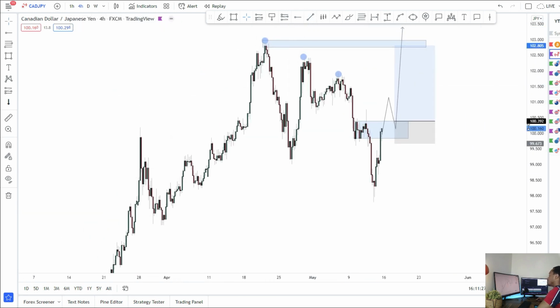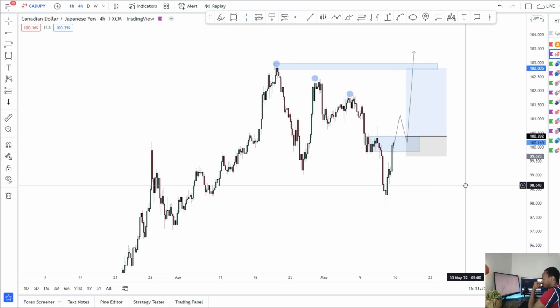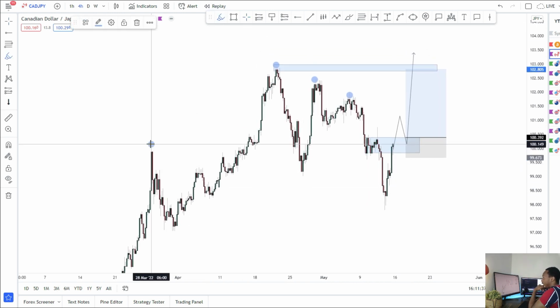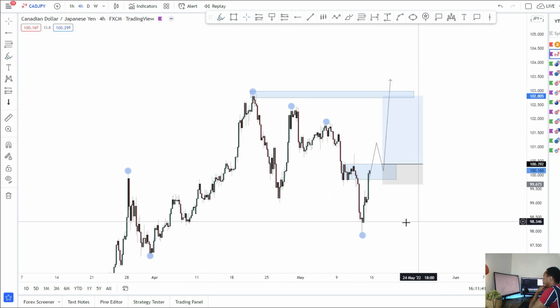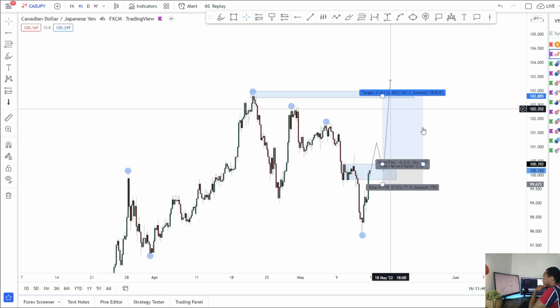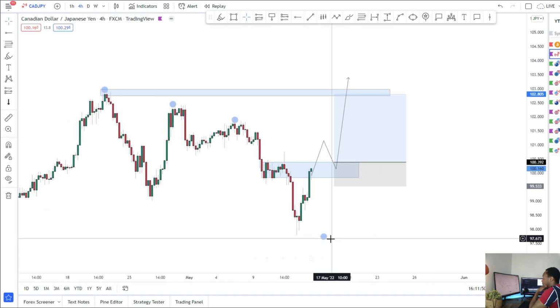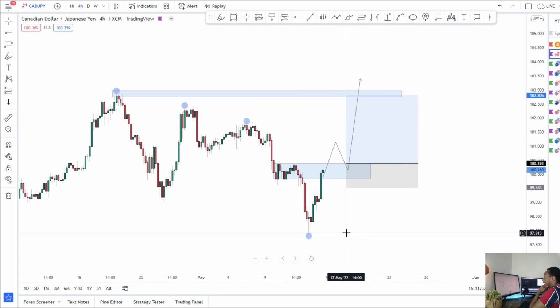Most JPY pairs I'm not quite bearish yet, even though they have broken to the downside, apart from maybe AUD JPY and NZD JPY. But these pairs for me are still quite bullish. So we've got the high there, higher low there, higher high there, possibly higher low there. And I'm looking at a push back into 102.800, 103 back to the high. So that is the setup I've got my eyes on for CAD JPY for the week ahead.